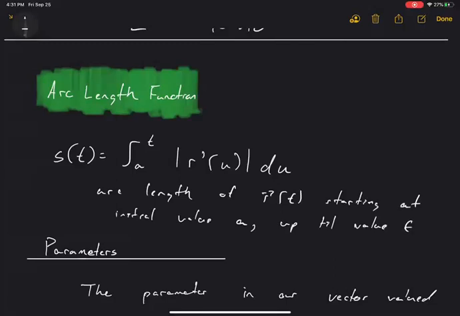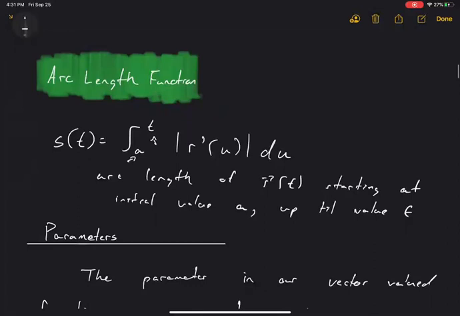So I'm starting with an initial value a, and I'm going along my curve until I get to the value t, and then this integral is going to spit out that arc length, the arc length between these two values of my parameter.